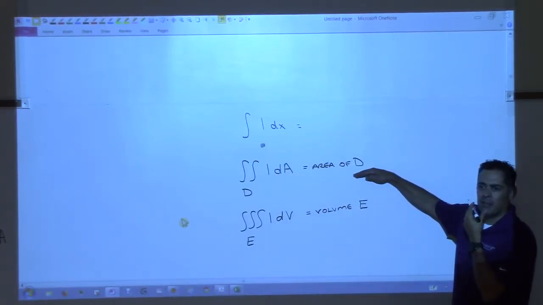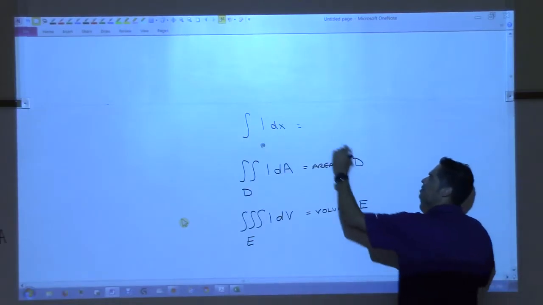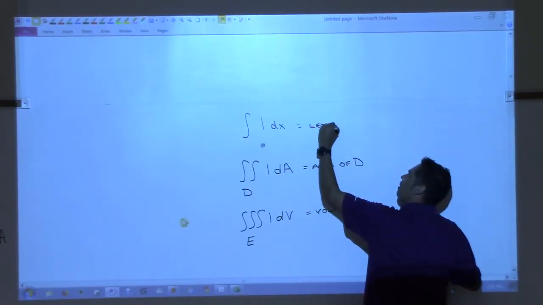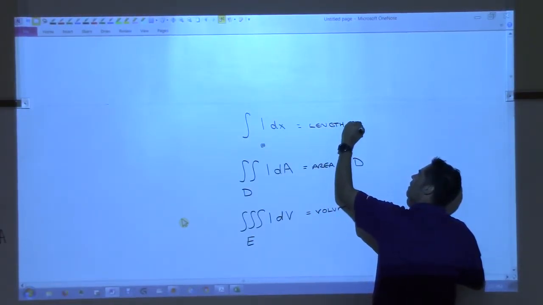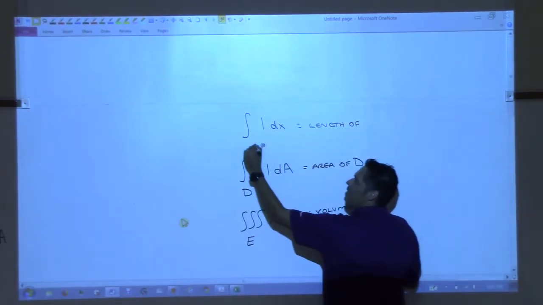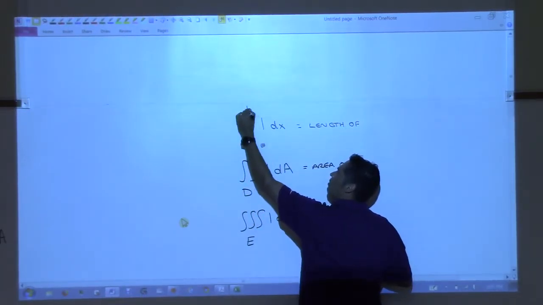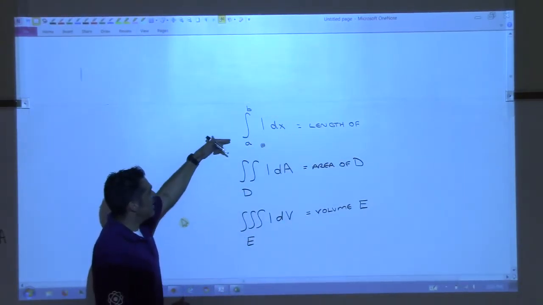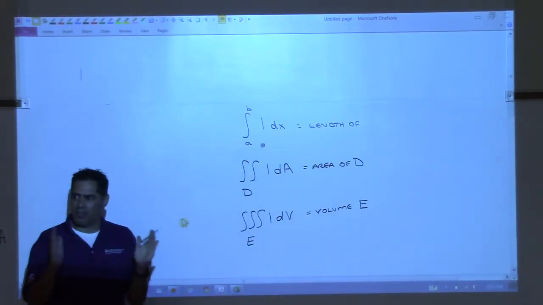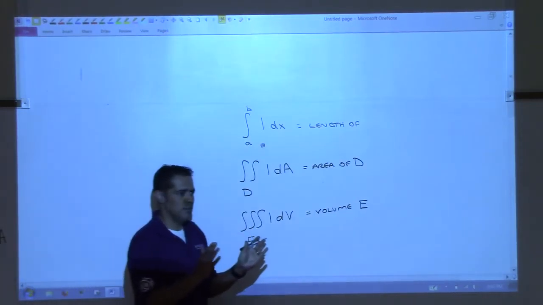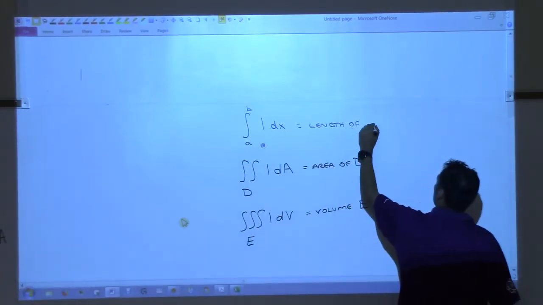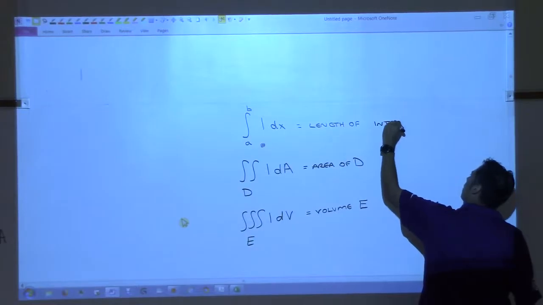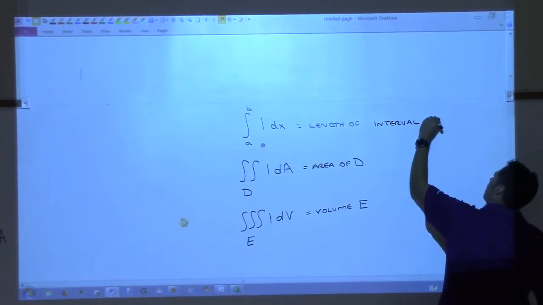Volume, area, length. This would give you the length of, yeah, so we usually put in Cal 2 our limits of integration, from a to b. And isn't your answer here just b minus a? Isn't that just the length of the interval? Yes. So this gives you the length of the interval of integration.